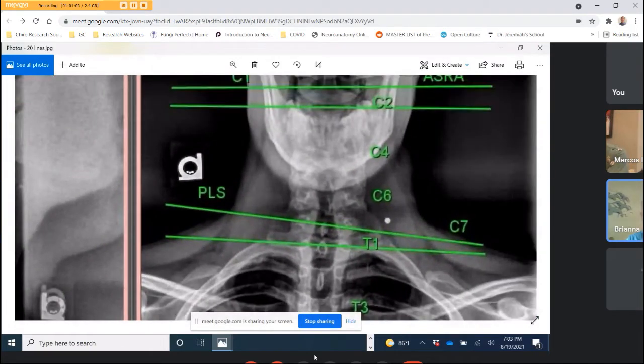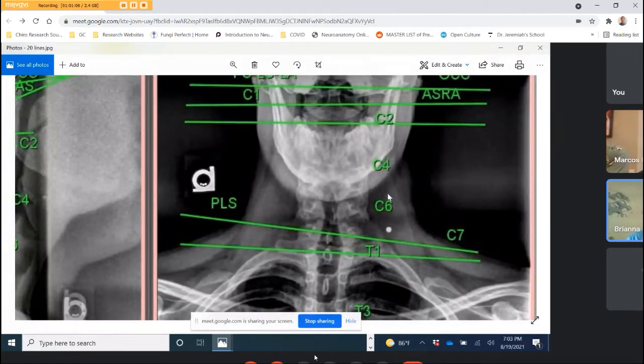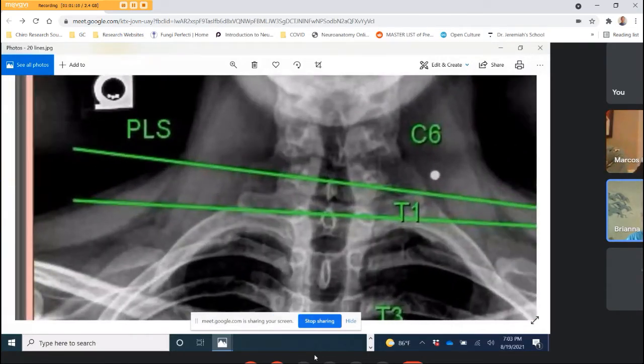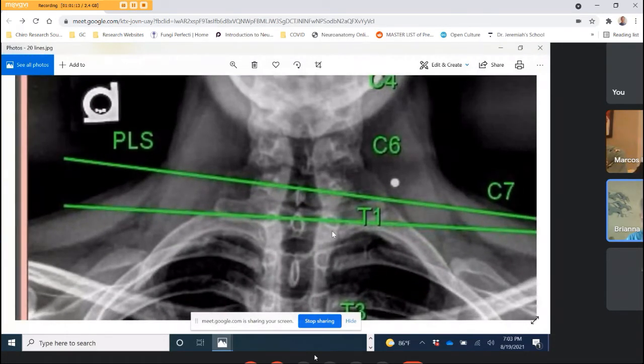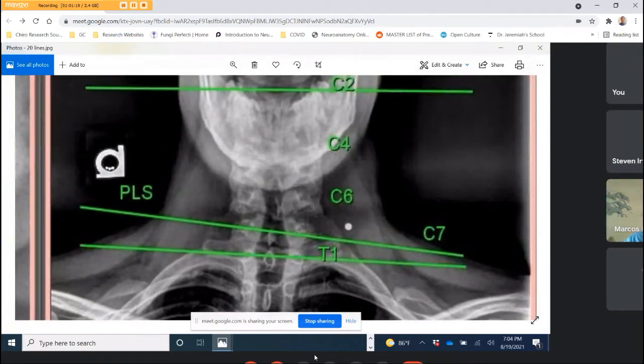Would you agree with that listing on 7? It looks a little different when you cover it up above it. Yeah, if you cover up above it, I think 6 is malformed. If you look at that spinous lamina, it looks a little malformed. But the rotation certainly looks like it changes, doesn't it?